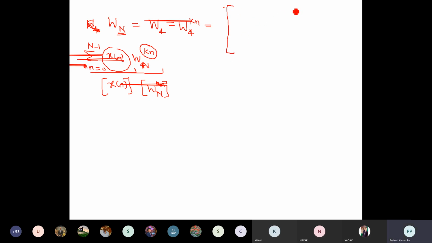Okay, so we will expand it for different values of n and k. Okay, so k and n both are varying from 0 up to n minus 1. Here n is 4, so it will be varying from 0 to 3. So 0, 1, 2, and going up to 3.